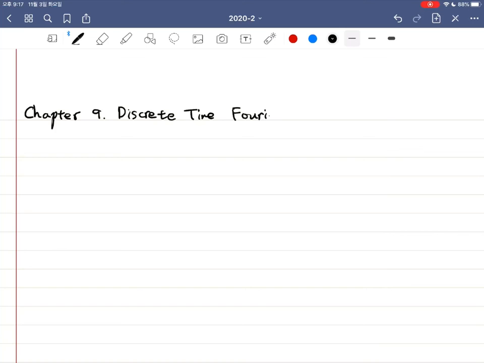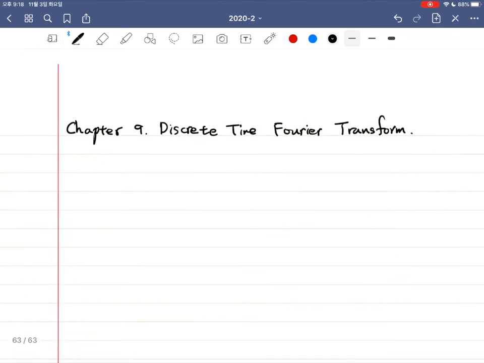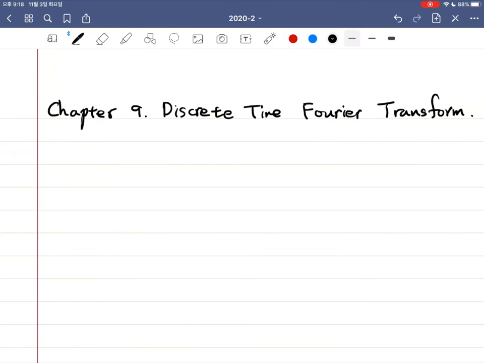Fourier transform, and I would like to list the important properties of the discrete time Fourier transform. But before that, I would like to review the synthesis and analysis equations that we have written.